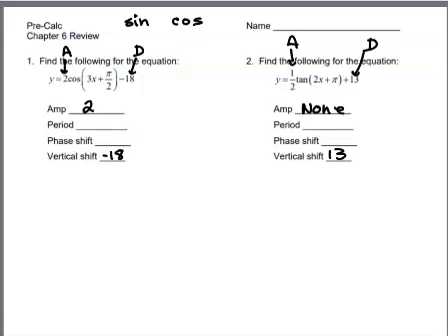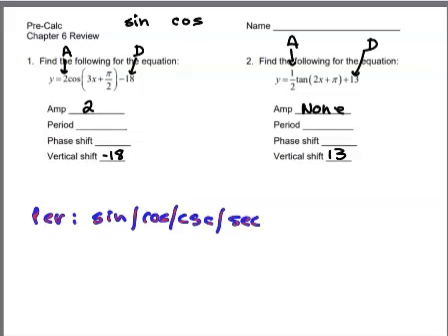Okay, period and phase shift. So the period for sin, cos, cosecant, and secant is equal to 360 degrees or 2 pi.